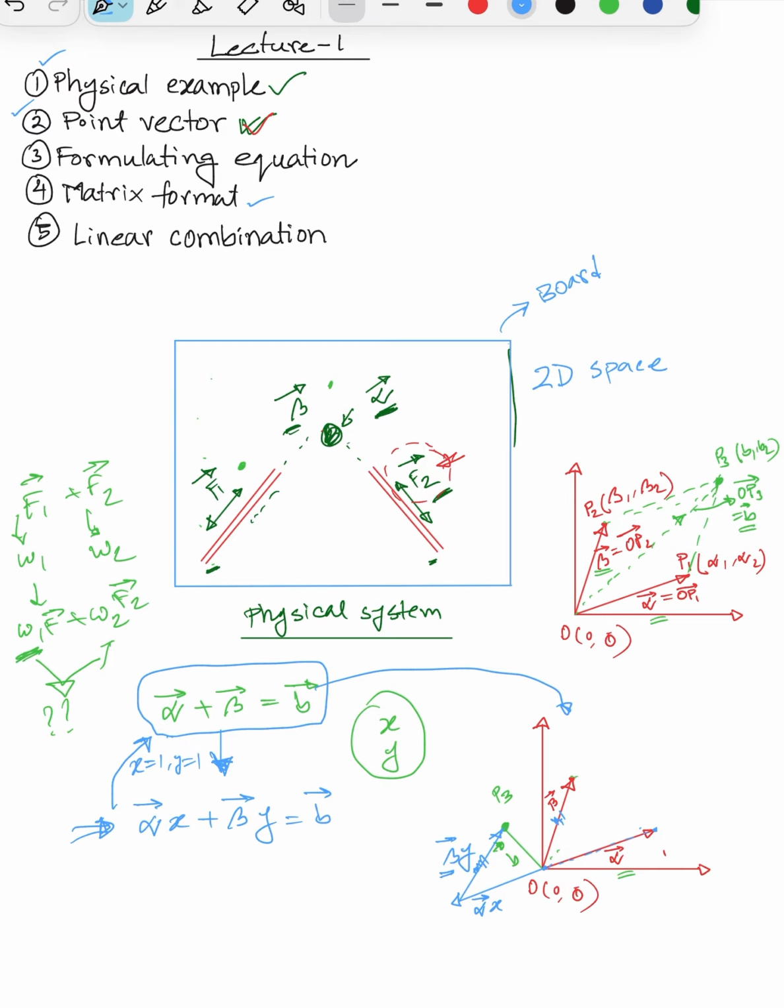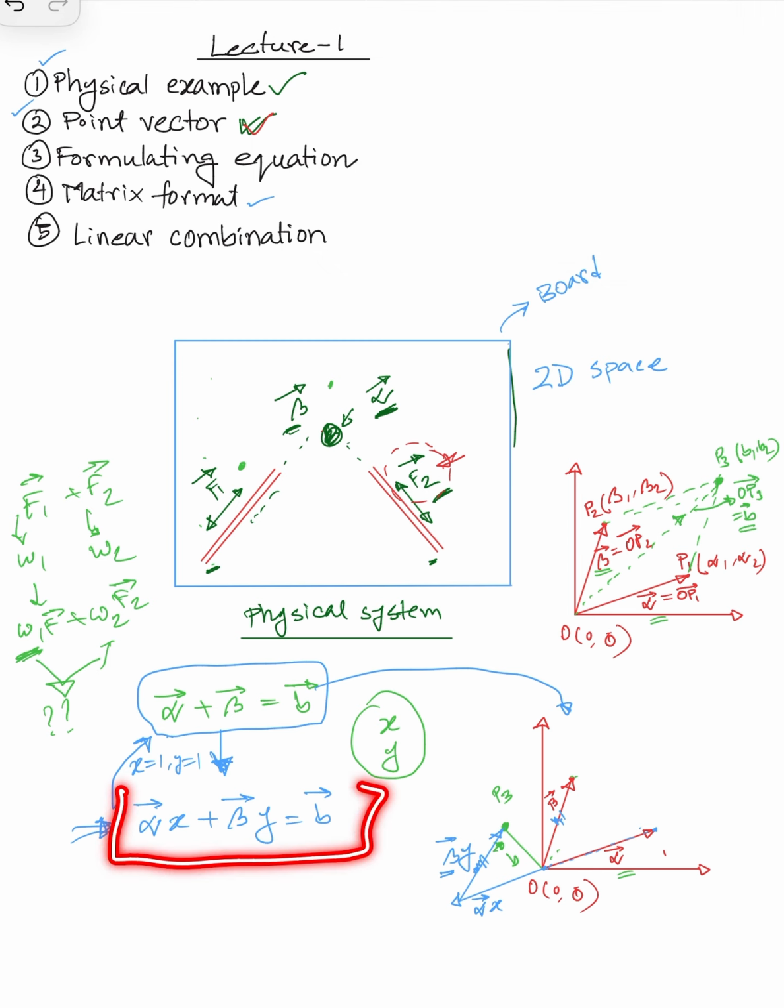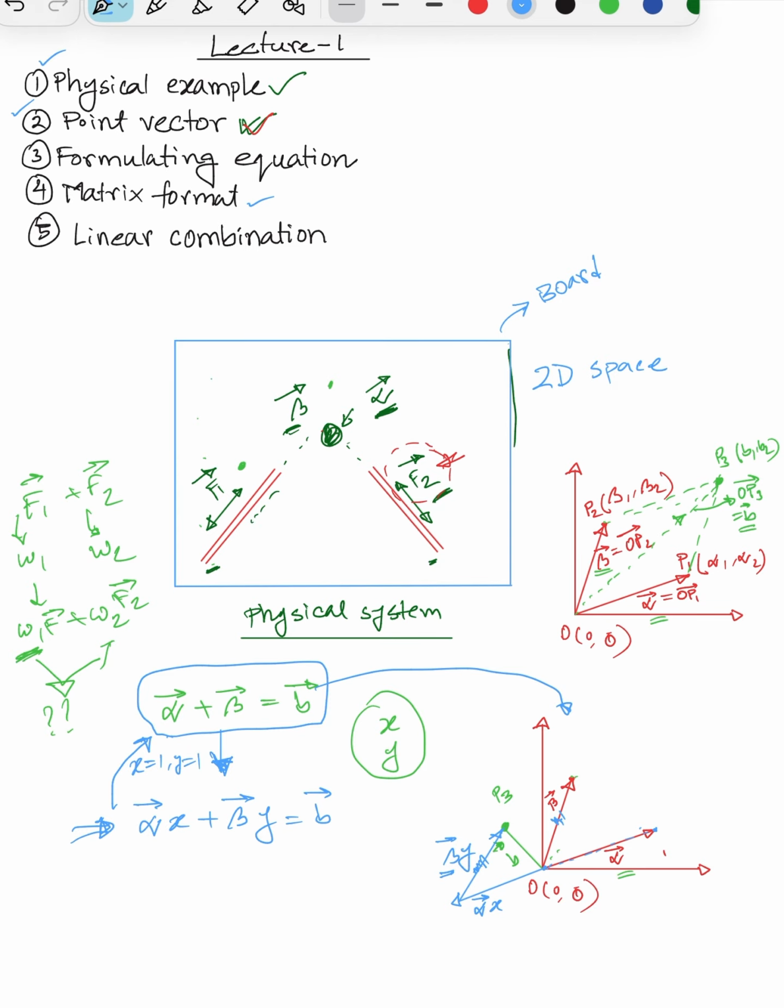All right, so this is our basic equation. This one is our basic equation that we have for 2 dimension, and from this we can start writing in terms of our coordinates. Right now, if we see this image, alpha can be determined in 2 dimension by alpha 1 and alpha 2.